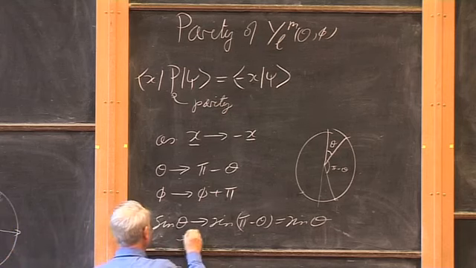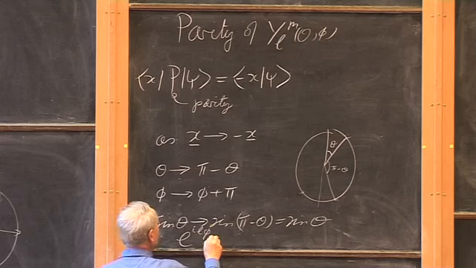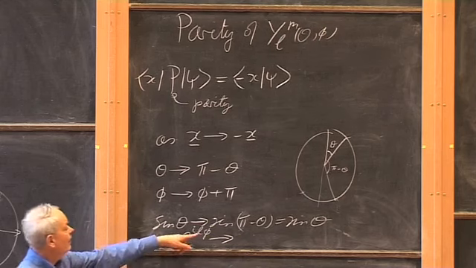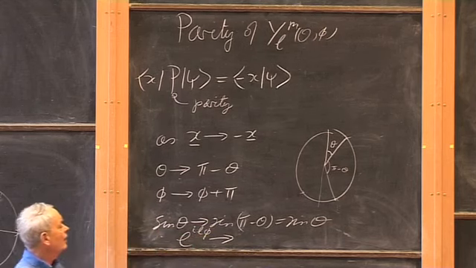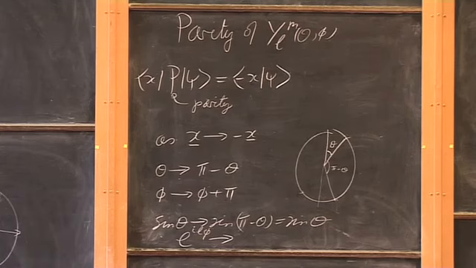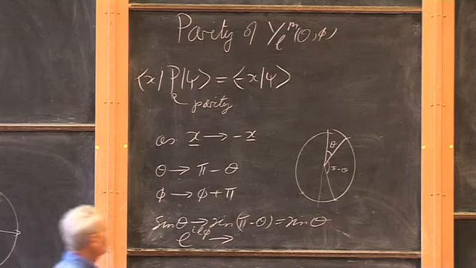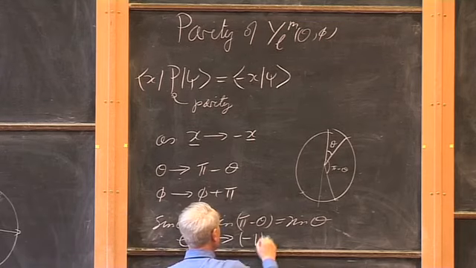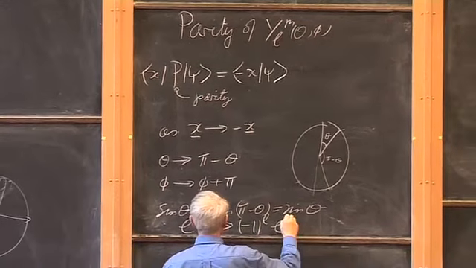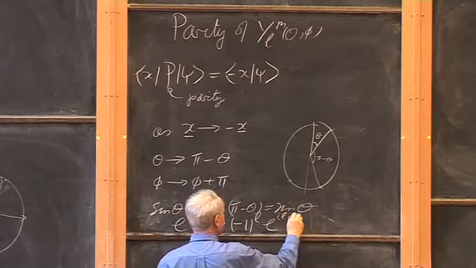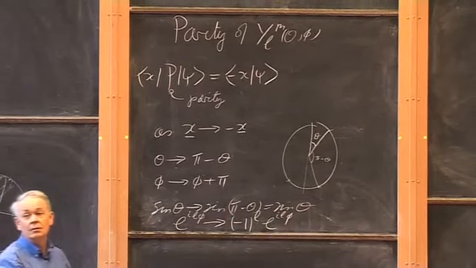And e to the i L phi: what happens if you add pi to phi? You're getting an extra factor, e to the i L pi, which is (-1) to the L times e to the i L phi. Is that right?